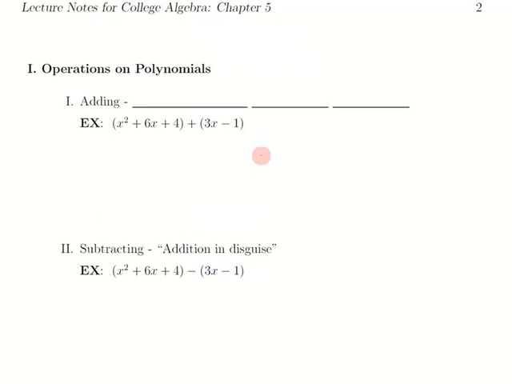Now that we know what a polynomial is, the next thing we want to be able to do is to do all of our basic operations on polynomials. We want to be able to add, subtract, multiply, and divide. In terms of adding, the basic thing that you need to remember, 3 words. We're going to combine like terms.